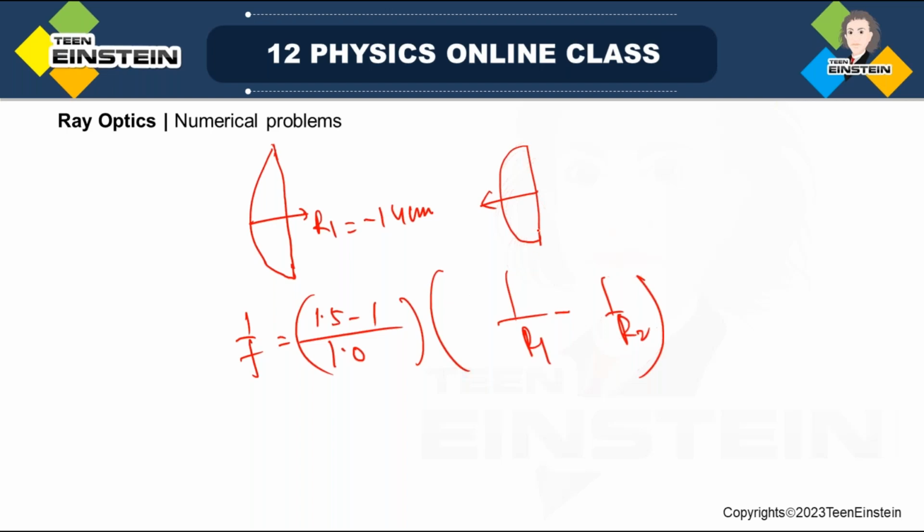I'm sorry, the other part, we need to get for this part alone. See, R2 is infinity, so 1 over infinity is 0.